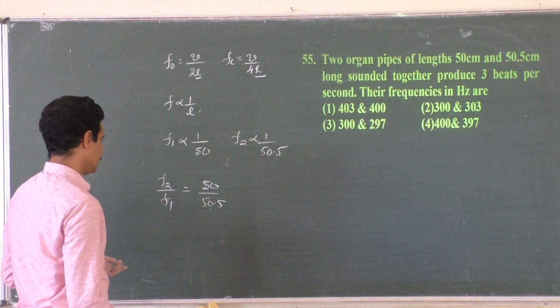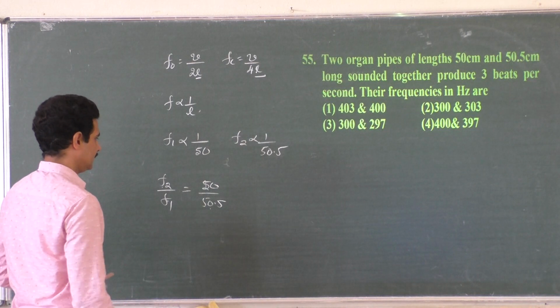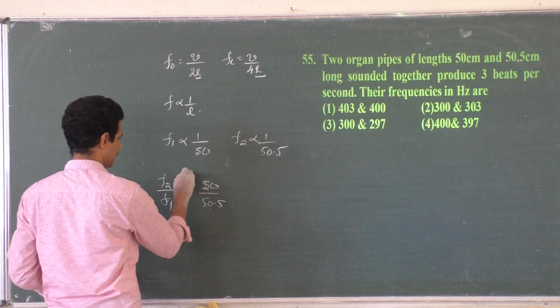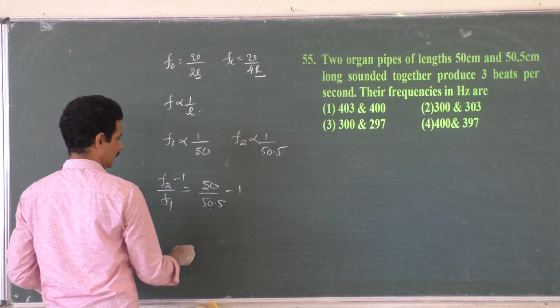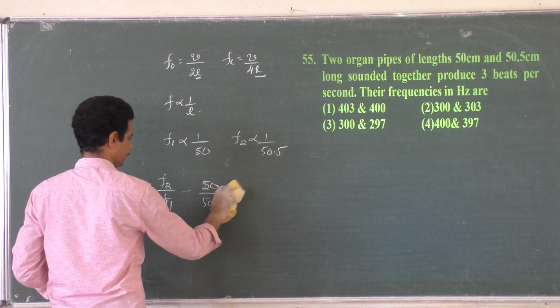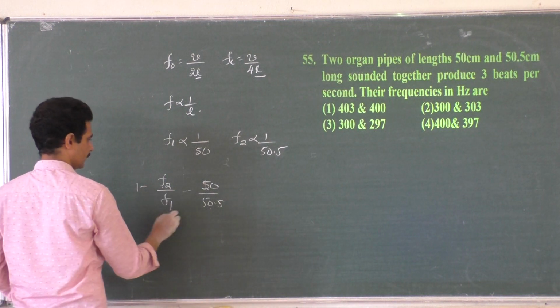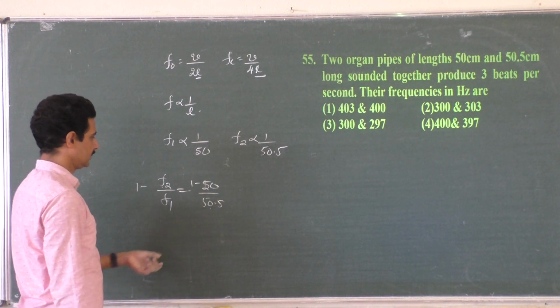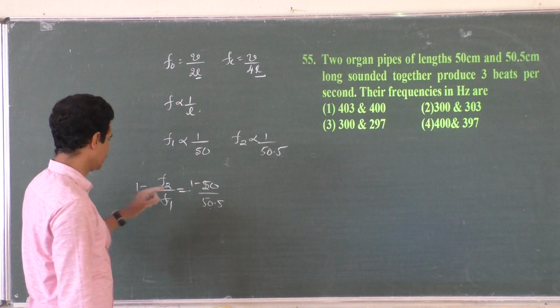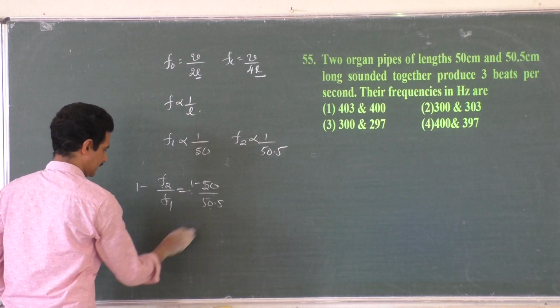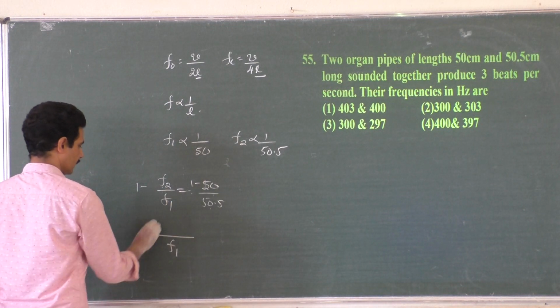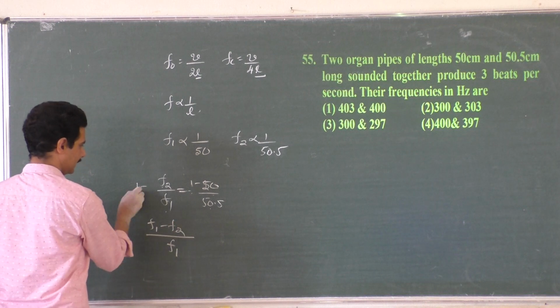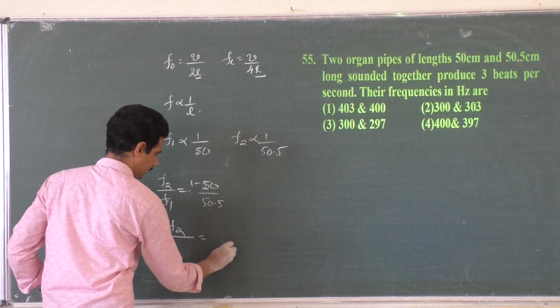Now what do I have to do? Minus 1 or 1 minus? This will be lesser than 1, so 1 minus, because this answer is less than 1. So 1 minus here, 1 minus here: F1 minus F2, correct? Is equal to 50.5.